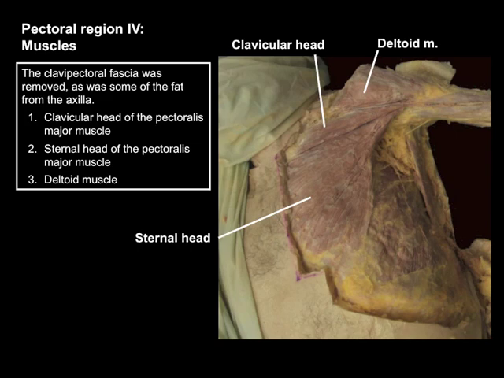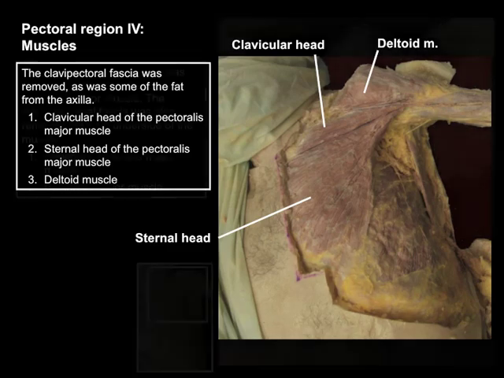The pectoralis major muscle has several functions, principal of which is flexion, adduction, and medial rotation of the arm at the glenohumeral joint. It does not work at the level of the scapula because it is not attached to it.